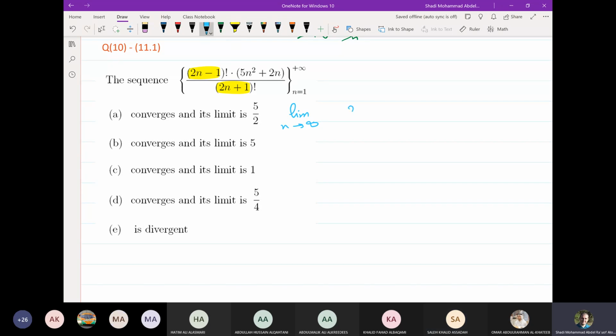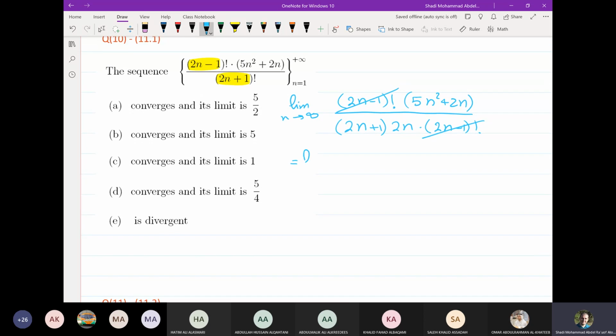So I will simplify the denominator, keep the numerator as it is with its factorization, and 5n square plus 2n as it is in the denominator. 2n plus 1 factorial will be what? 2n plus 1 multiplied by 2n multiplied by the previous 2n minus 1 factorial. And you simplify that one with that one. Because of that, we start with the larger one.